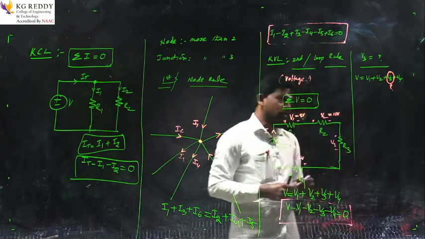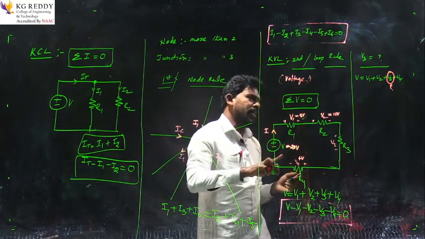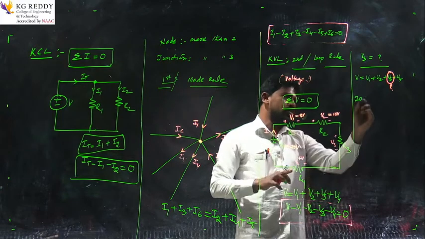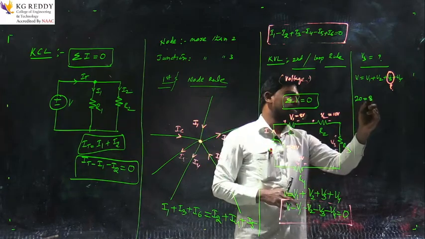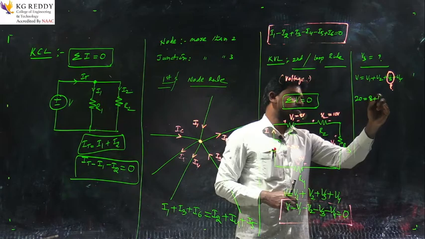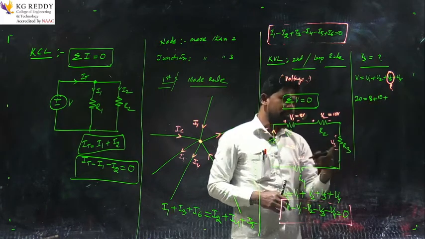Now I insert the given data. V is 20 volts, equal to V1, which is given as 8 volts, plus V2, which is also given as 10 volts, plus V3, which is not given.